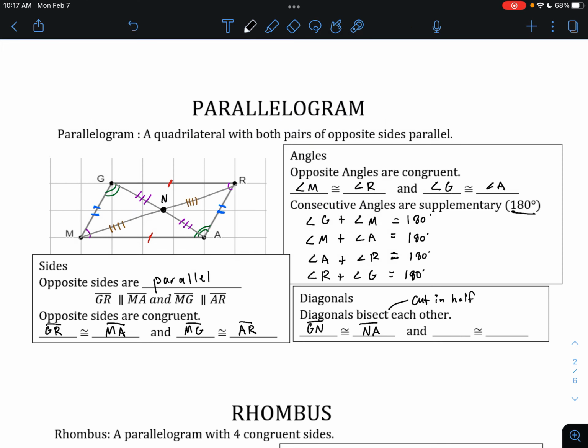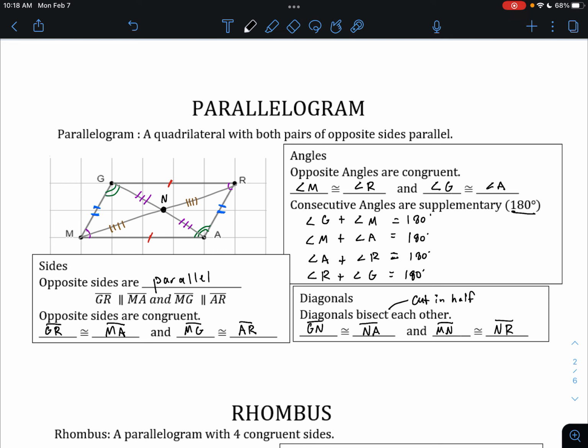Those 2 sections right there. Now, we don't know that all 4 of those parts are congruent. We only know that each of those halves of the same diagonal are congruent.